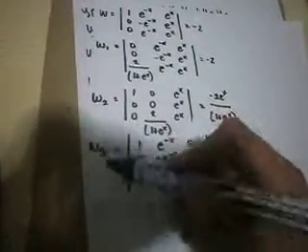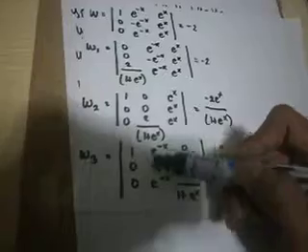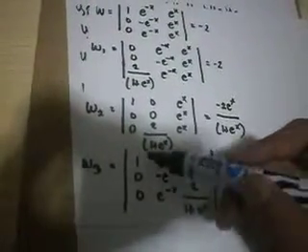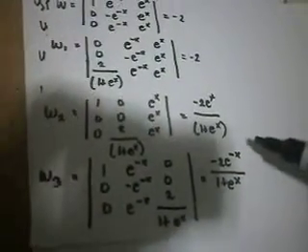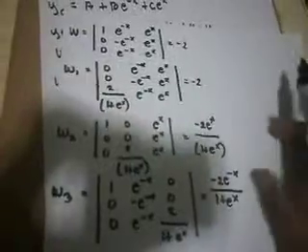Lastly, we have w3, which is equal to this determinant: 1, 0, 0, e to the negative x, and 0, 0 and f of x. The answer is negative 2e to the negative x over 1 plus e to the x. So this is how we find the values for w, w1, w2 and w3.